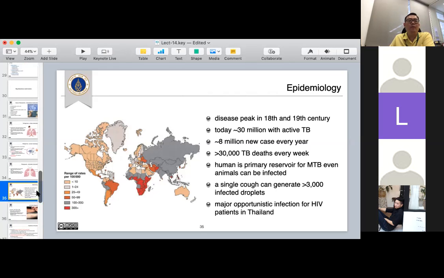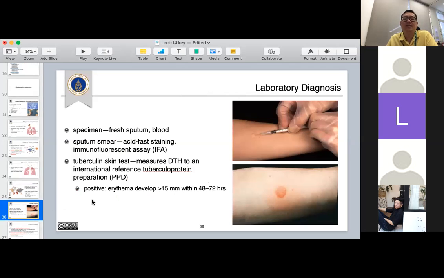Well, we test for TB in the lab by performing the tuberculin skin test. We inject TB antigen, tuberculoprotein, and wait for two or three days.